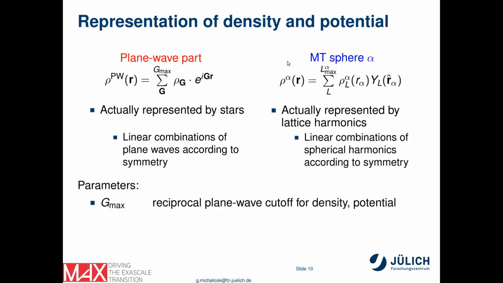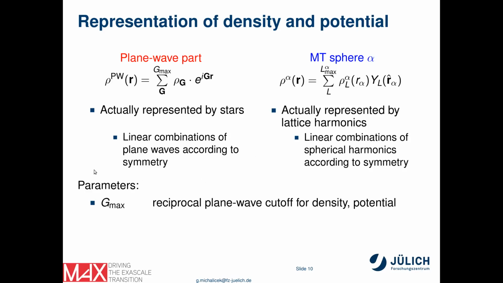And we have some muffin-tin part, which consists of radial functions times spherical harmonics again, and actually it is slightly more complicated because we don't use plane waves, but we use so-called stars, and these are symmetrized plane waves that actually already have the symmetry of the unit cell that we want to describe. And similarly for the muffin-tin description, we don't have spherical harmonics but lattice harmonics, and these are also symmetrized functions.